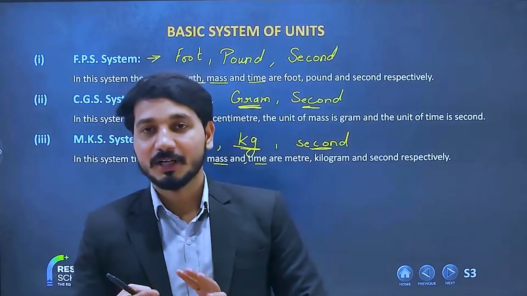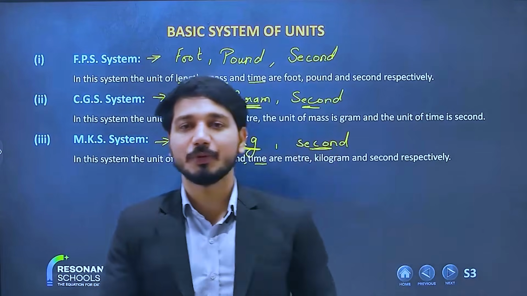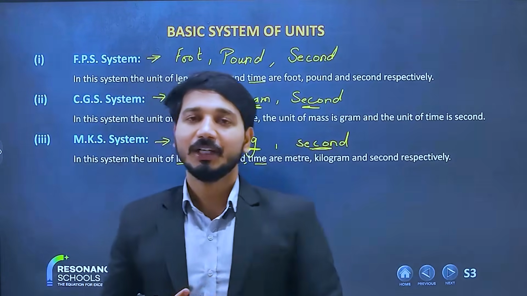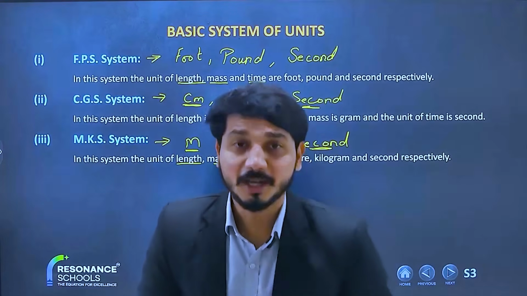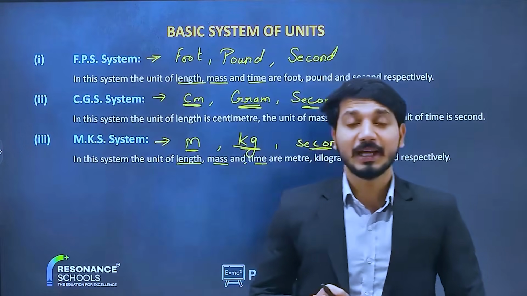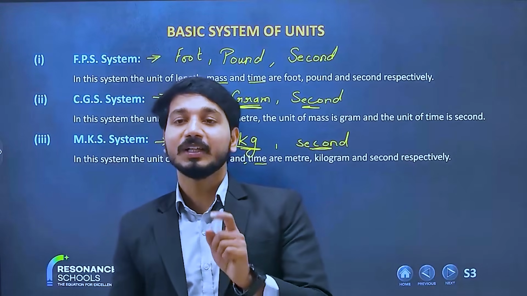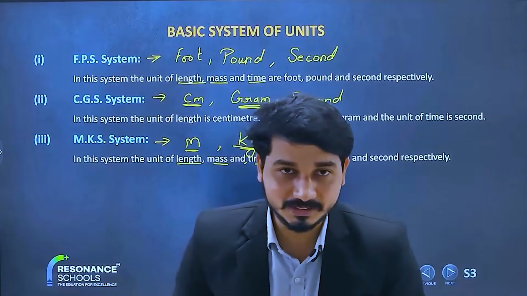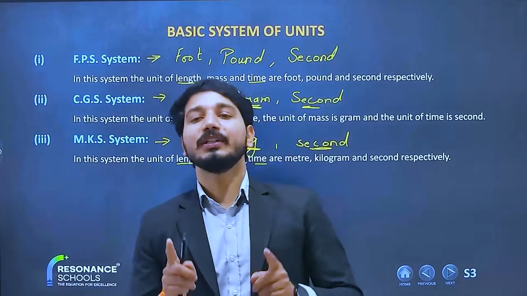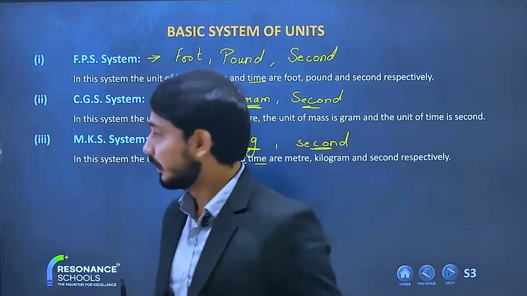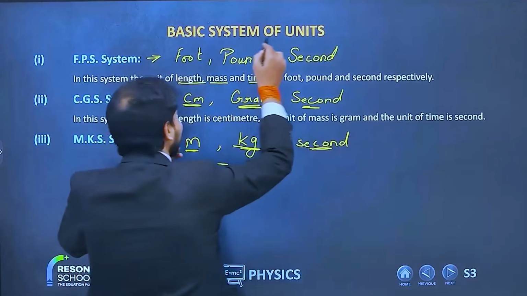In ancient times only three systems of units were there: MKS, CGS and FPS, where MKS stands for meter, kilogram, second, CGS stands for centimeter, gram, second, and FPS stands for foot, pound, second. These are called systems of units.